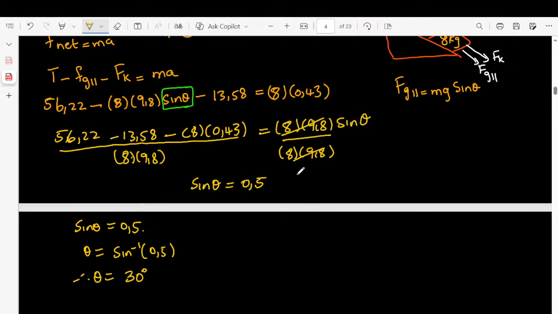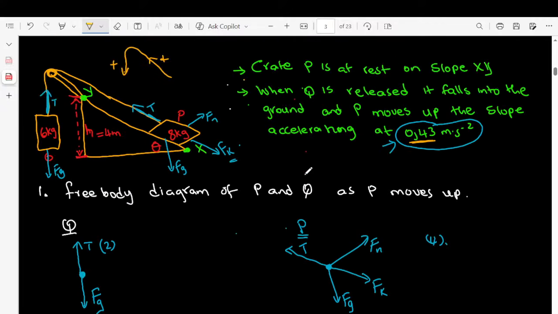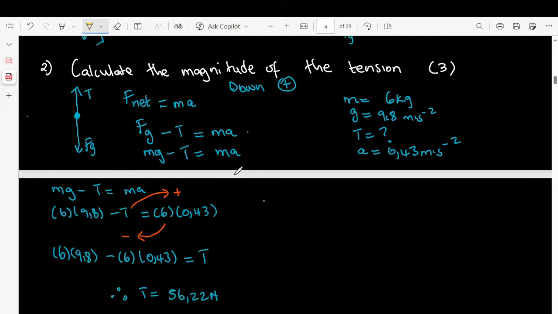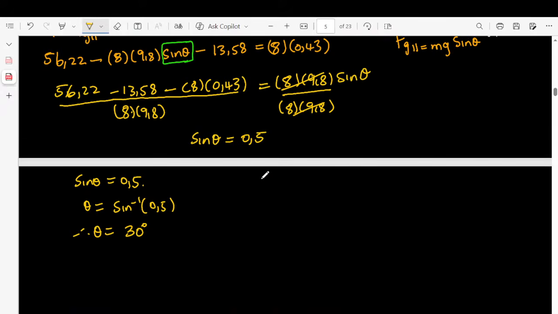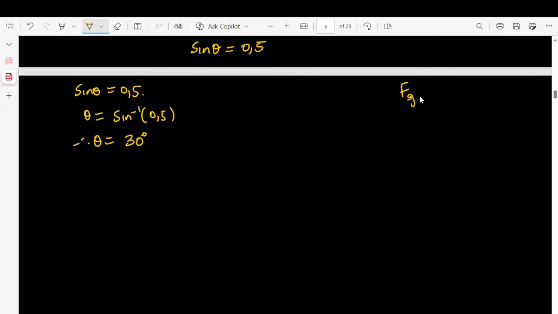So they wanted us to find the angle of inclination, this angle here. We use that angle when we calculate F_g perpendicular and F_g parallel. F_g perpendicular is equal to mg cos theta. F_g parallel is equal to mg sine theta.